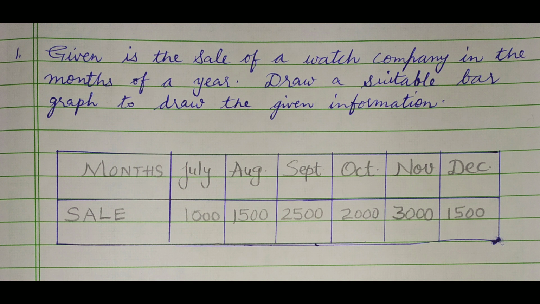Here in one line the names of the months of a year are given: July, August, September, October, November and December.